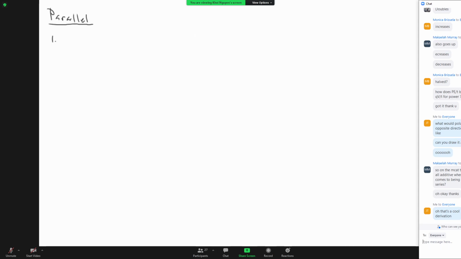The first one, there is more than one path for current flow, right? There's multiple paths, in fact.